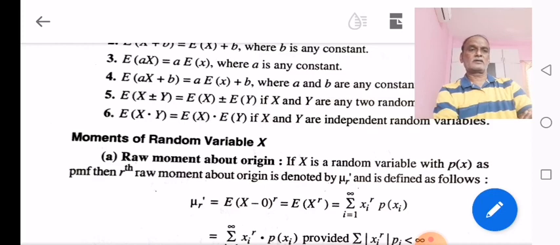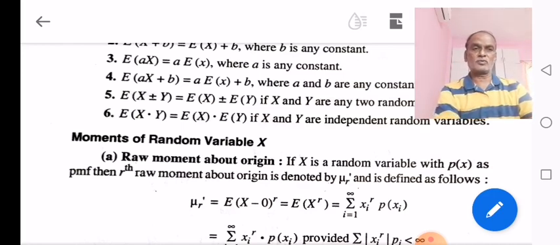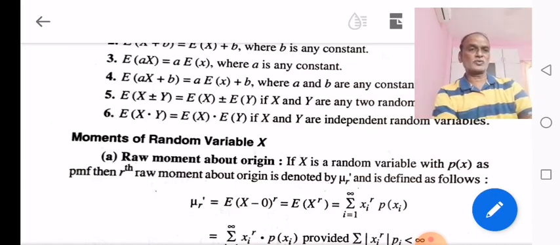And after obtaining the central moments, we can study the nature of that random variable by obtaining measures of skewness and measures of kurtosis: whether it is positively skewed, negatively skewed, or symmetric, or in kurtosis whether it is leptokurtic, platykurtic, or mesokurtic.